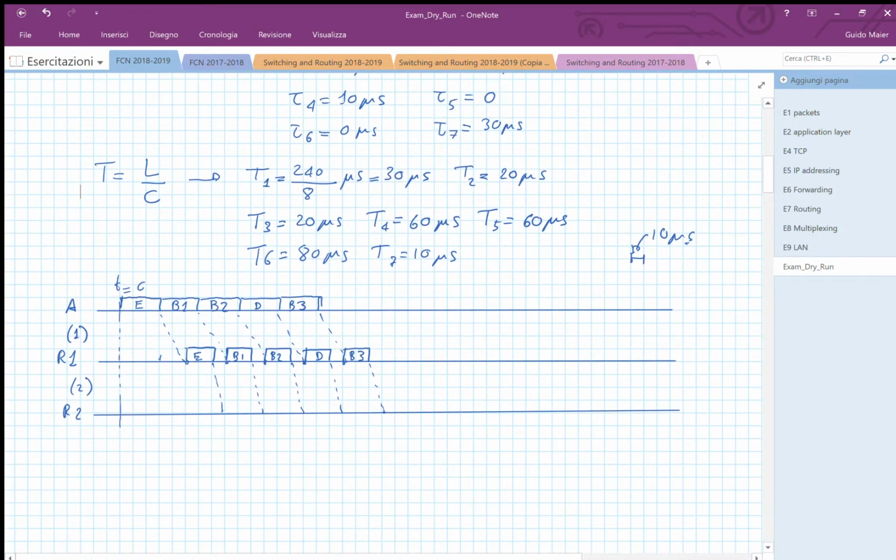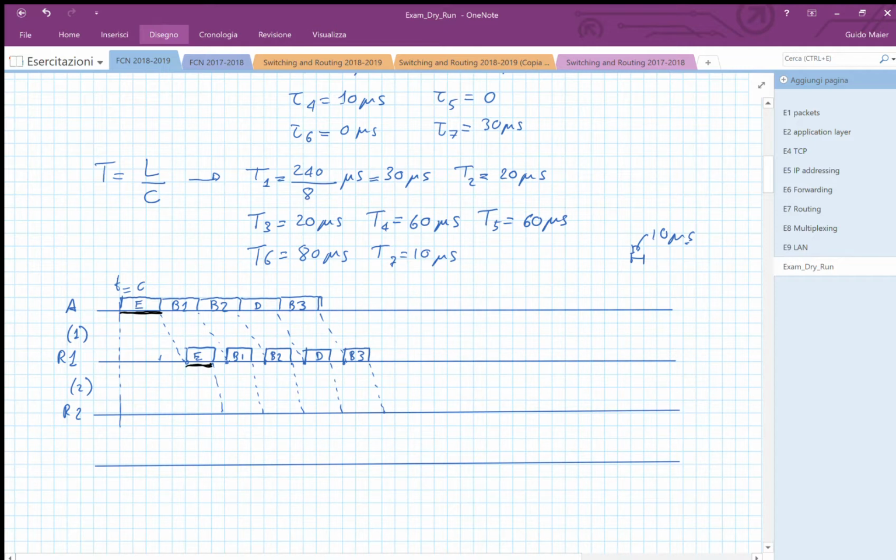So here we can start showing what happens to the packet that is going, for instance, to E, which is the first one. So I can draw another line here. Maybe we can use also different colors. This packet that is going to E, I can paint it in black.